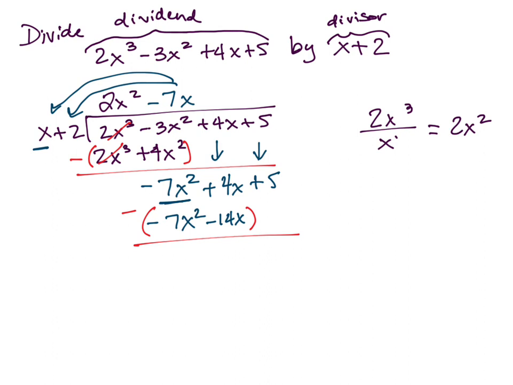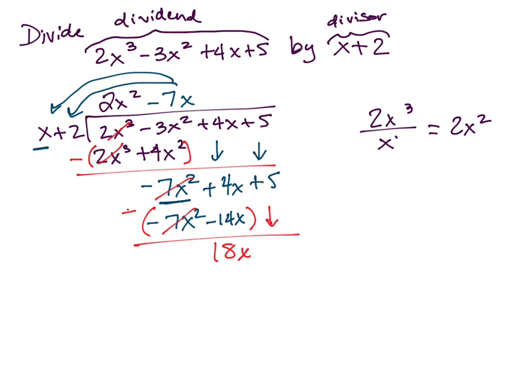So I got negative 7 minus negative 7. Those cancel. That makes a plus, right? 4x minus negative 14. 4 minus negative 14. Plus. So 4 plus 14. 18x. Are y'all following that?